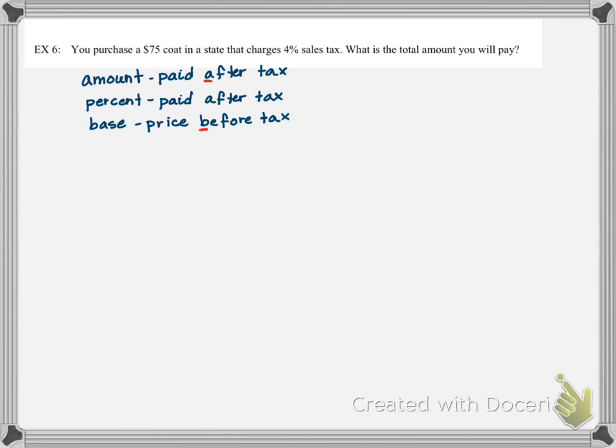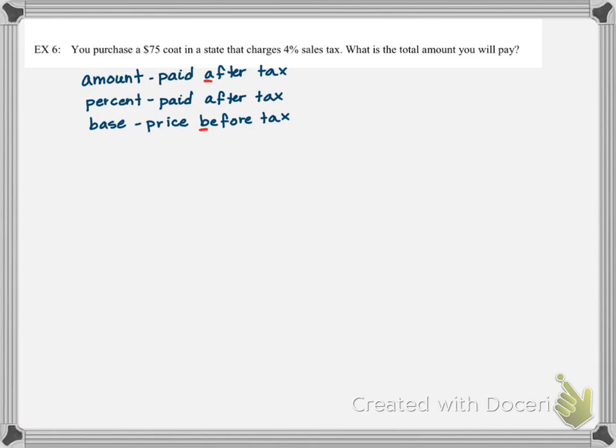As long as you're consistent, you calculate how much the tax is and you add it on. The only reason I prefer this way is that if the unknown is the price before the tax, then we can't do it the other way. We have to do it this way. So I think it's simpler to do it the same way every time and not have to remember which way to do it when. But again, as with the problems we talked about yesterday, there's multiple ways you can do some of these correctly. As long as you're consistent and you label everything appropriately, you should get to where you're trying to go.